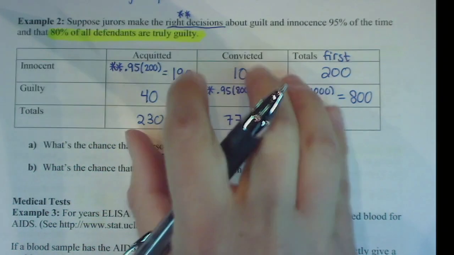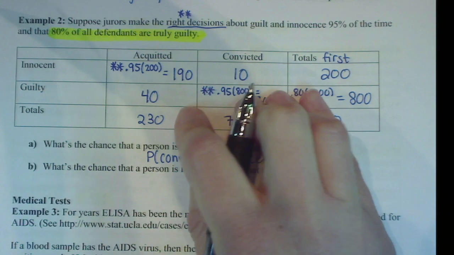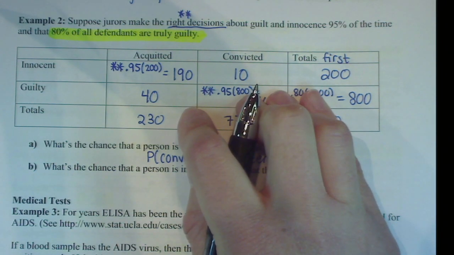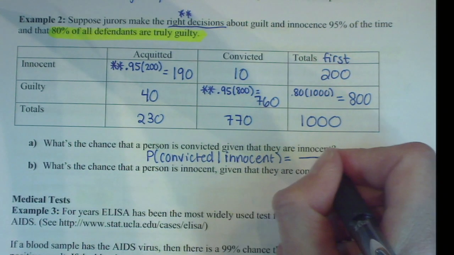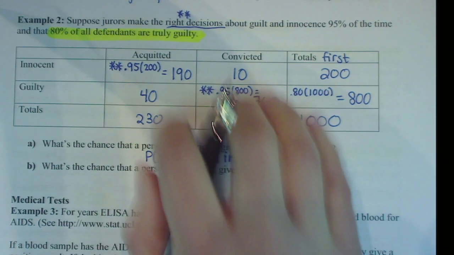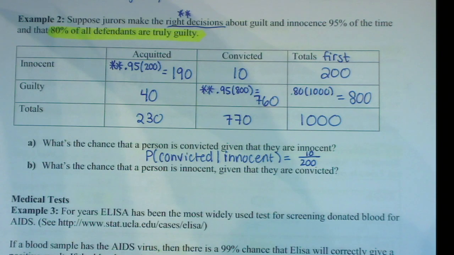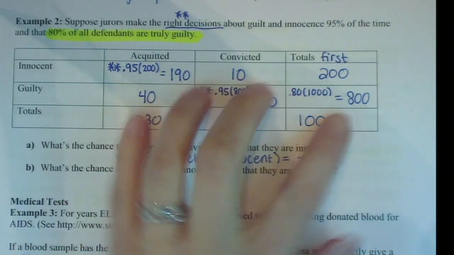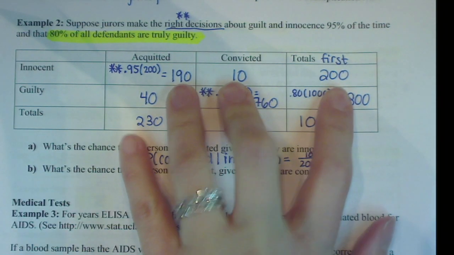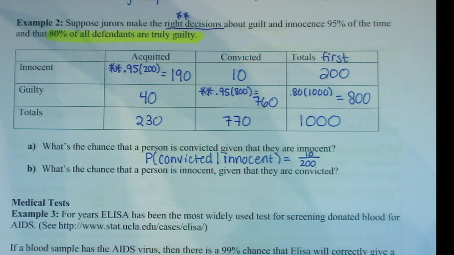So I'm going to look at just the top row, right? There's 200 innocent people. I'm given that they are innocent, so there's 200 total innocent people. What's the chance that they're convicted? Well, 10 of the 200 people are convicted. So we're saying, given that they're innocent, what's the chance they're convicted? So they're one of these 200 innocent people. Only 10 of those 200 people are going to be convicted.